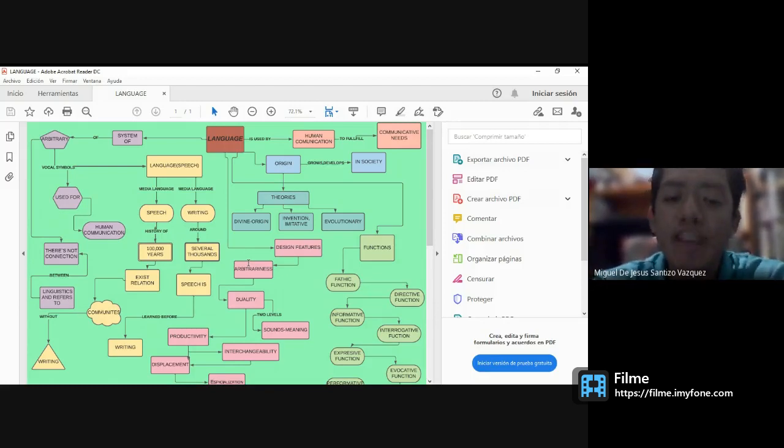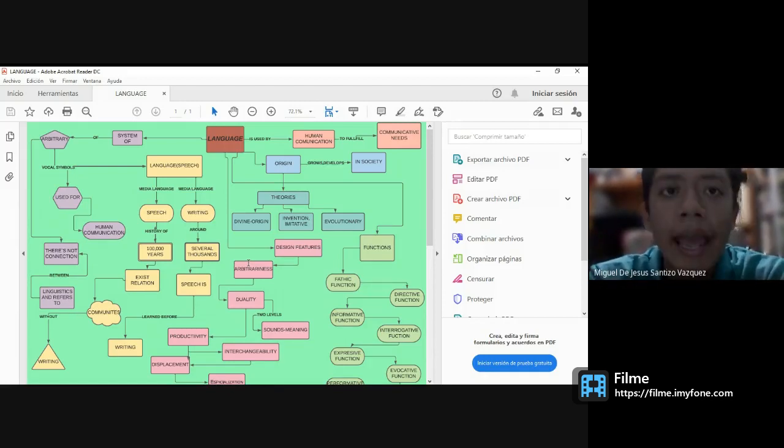The design features that we can find in language are duality, which means that there is a property of two levels, sounds and meaning. Sound is the lower level, which means that there is no structure of sound which is meaningful.